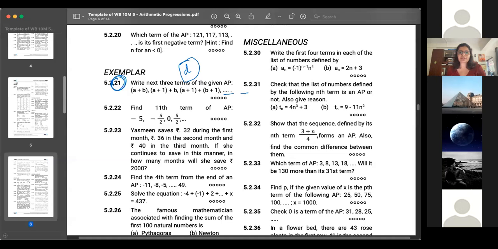The last question for today. Look at question number 32. Show that the sequence defined by its nth term, 3 plus n by 4, forms an AP. Also find the common difference between them.